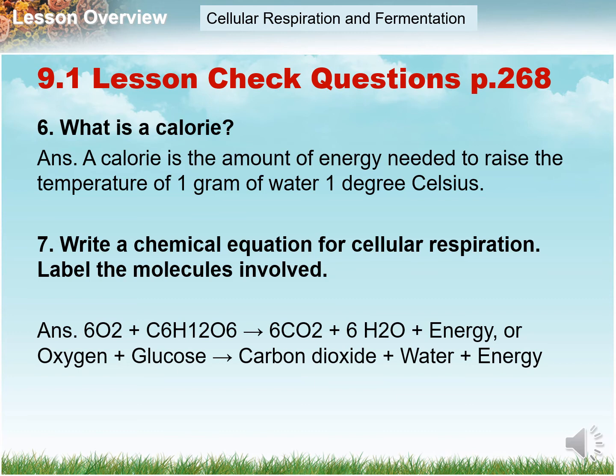We have 6 oxygen, or 6O2, plus C6H12O6, which is glucose. The process yields 6 carbon dioxide, which is 6CO2, and 6 water molecules plus the energy.